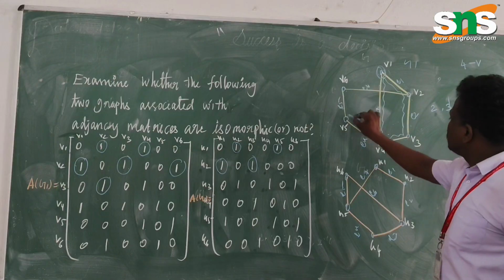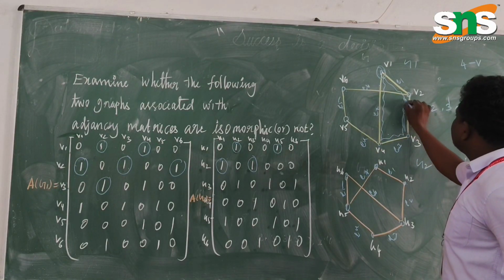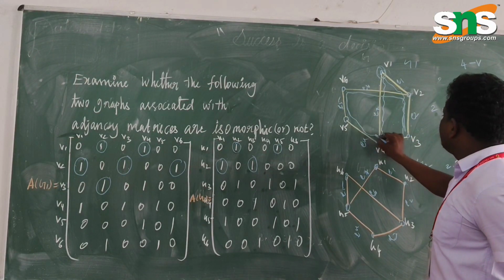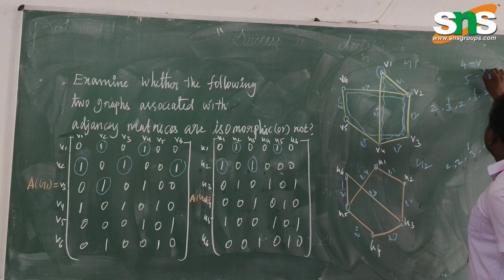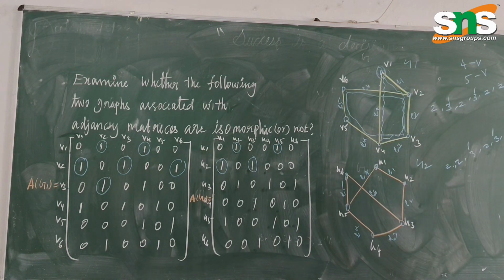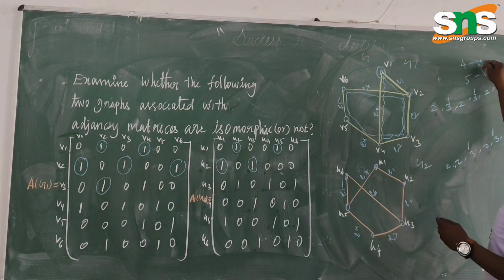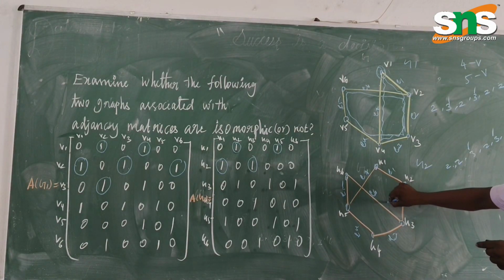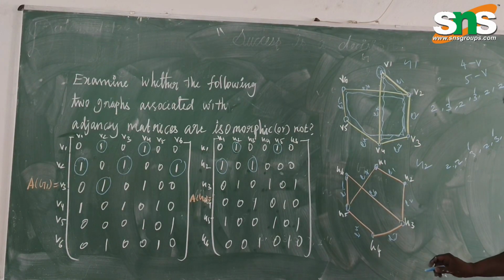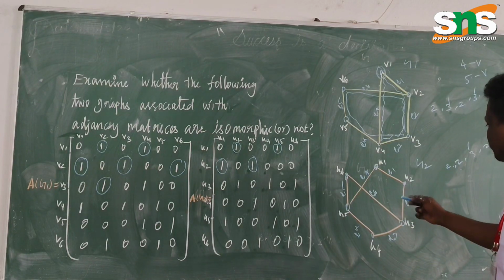So 1, 2, 3, 4, 5: there is another cycle among these 5 vertices. So we have 2 different cycles, one among 4 vertices and another among 5 vertices. If we have the same cycles in the other graph, graph 2, then adjacency is satisfied. Let me check graph 2. Here also we have a cycle among 5 vertices. Let me check whether there is a cycle among 4 vertices.